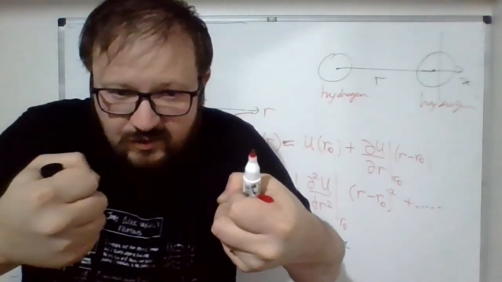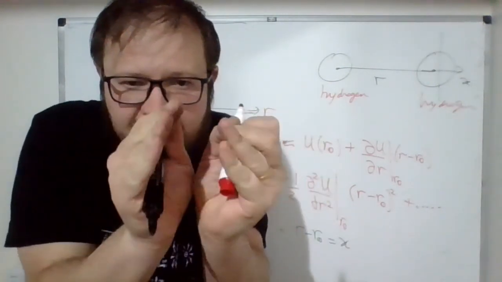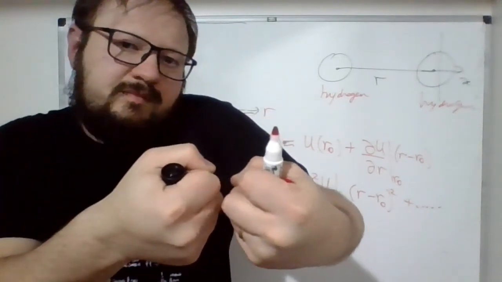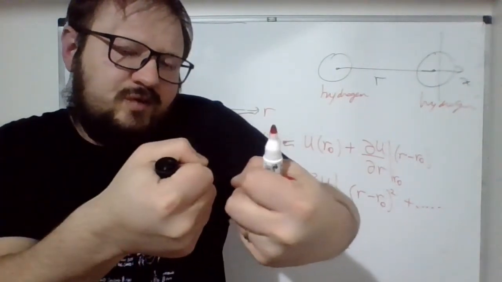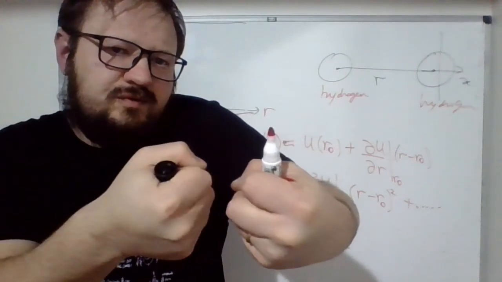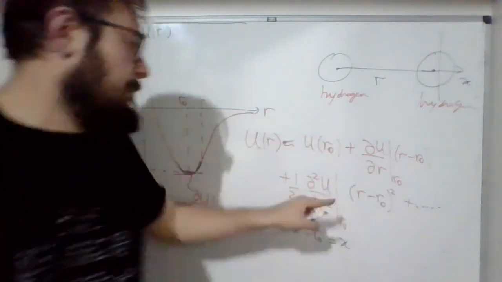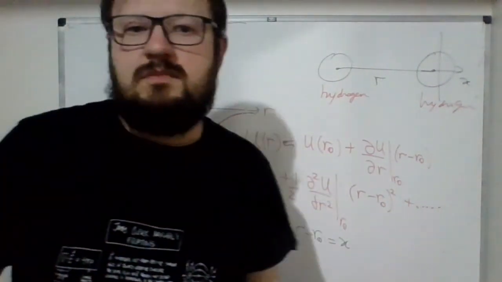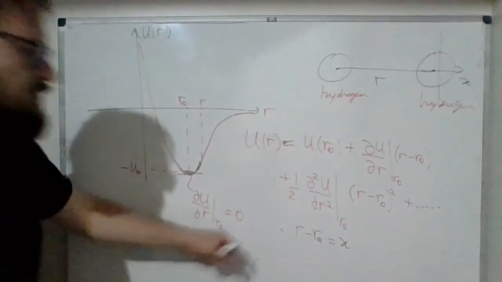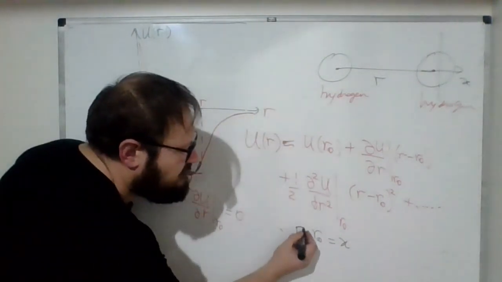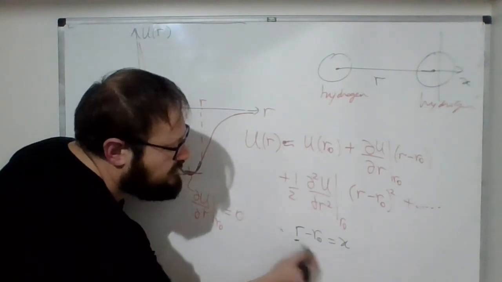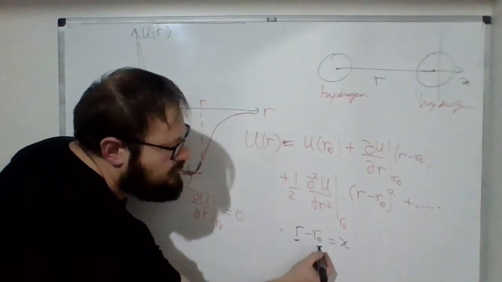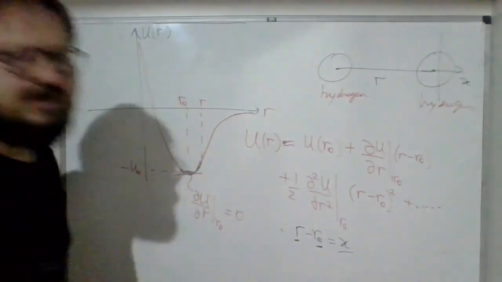And if you try to squish them together, there will be a repulsive force, which corresponds to a restoring force, which will try to put the system back to the equilibrium position. So this difference between the actual position and the equilibrium position, we will call x.